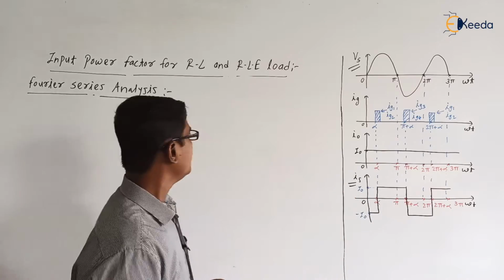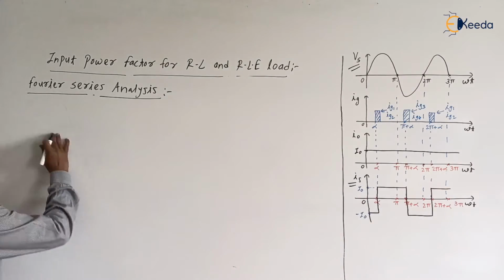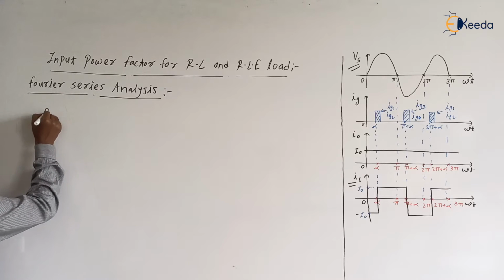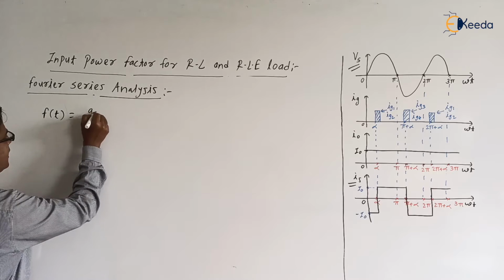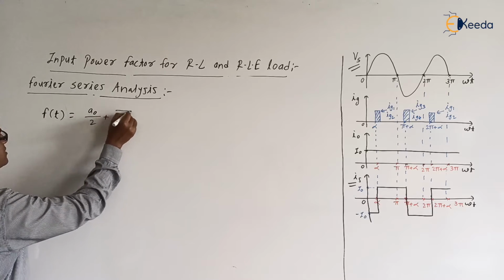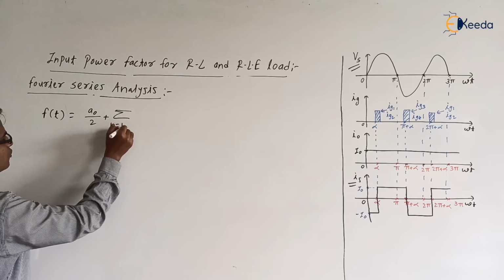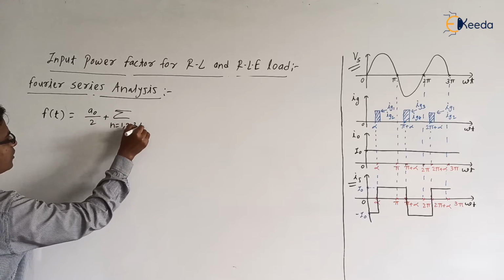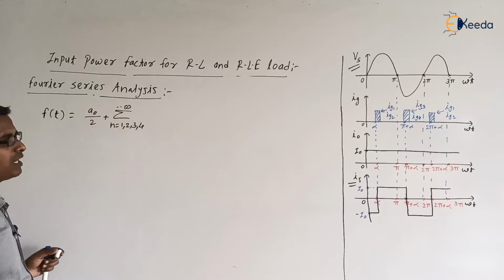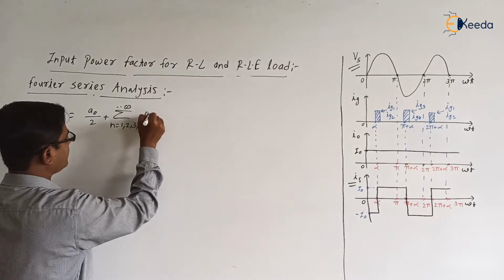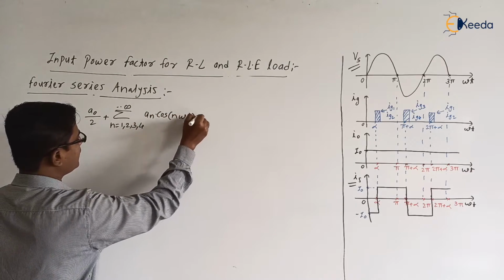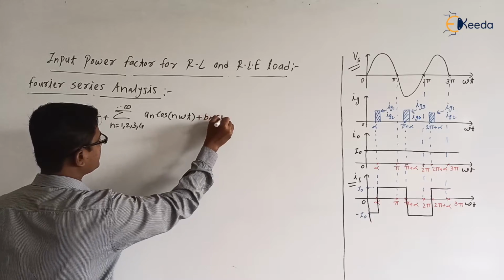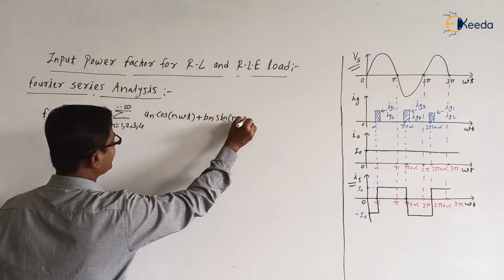So here, with the help of Fourier series, any signal f of t can be represented as a0 by 2 plus summation over n equal to 1, 2, 3, 4 up to infinity, of an into cos of n omega t plus bn into sine of n omega t.